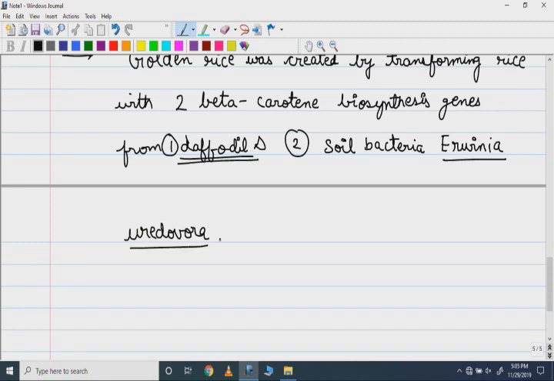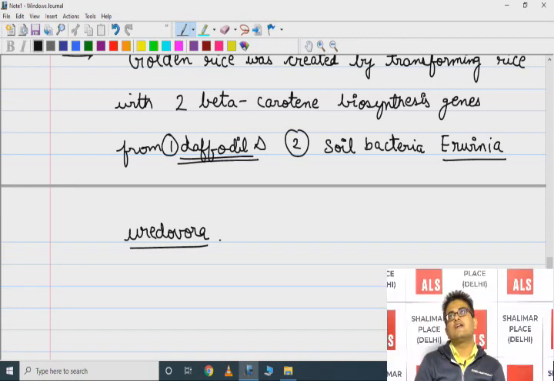Just need to learn this. So basically it makes beta carotene. Beta carotene can be obtained from anything which is yellow or orange in color. So you can have a yellow colored capsicum, you can eat yellow red colored chilies, yellow red colored papaya, mangoes, anything which is golden, yellow, or orange colored.